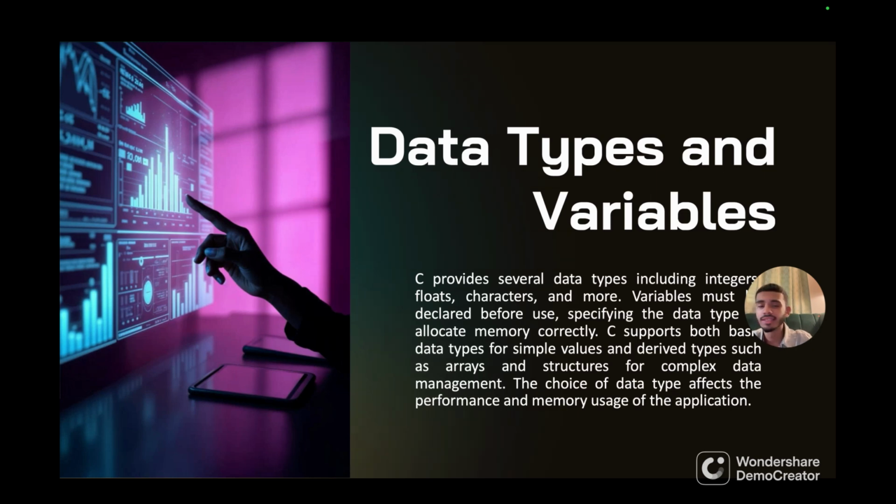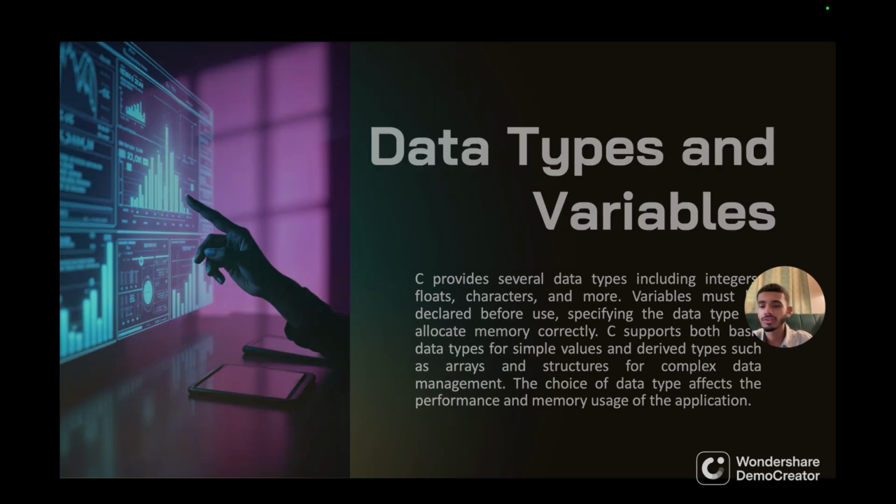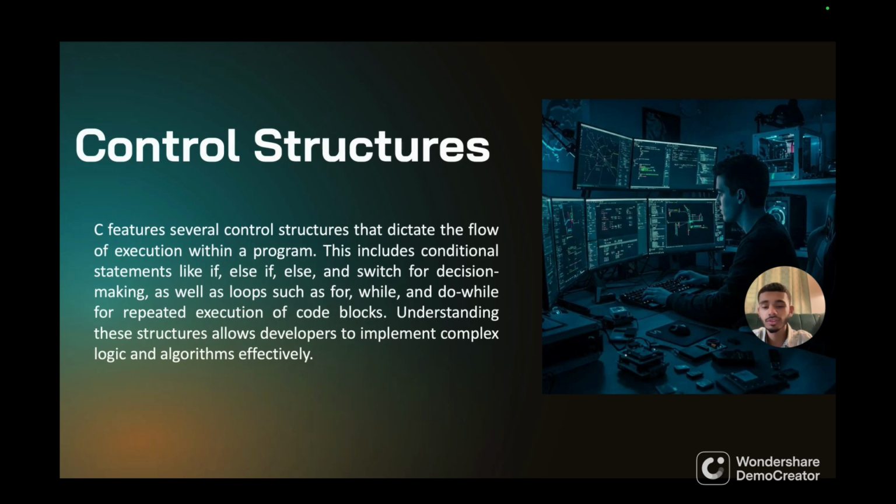Further on, let's get into control structures. Control structures guide the flow of a program in C. This includes conditional statements like if, else, and switch for decision making, as well as loops such as for, while, and do while for repeated execution of code blocks.